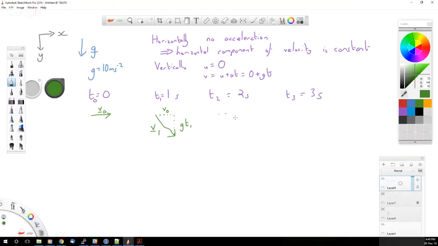And again, at 2 seconds, we'll still have our v0. This time, our vertical component is doubled. And so on and so forth.